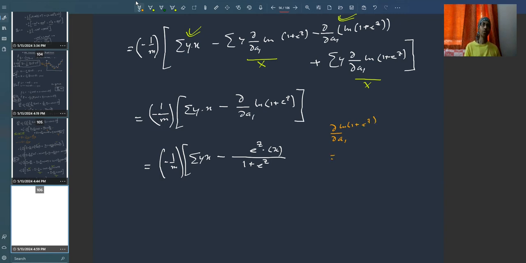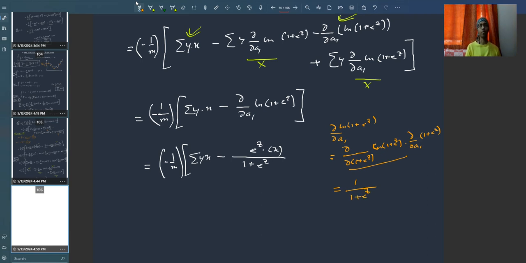This is equal to del of ln 1 plus e to the power z with respect to 1 plus e to the power z, multiplied by del a1 of 1 plus e to the power z. So this expression becomes 1 by 1 plus e to the power z.